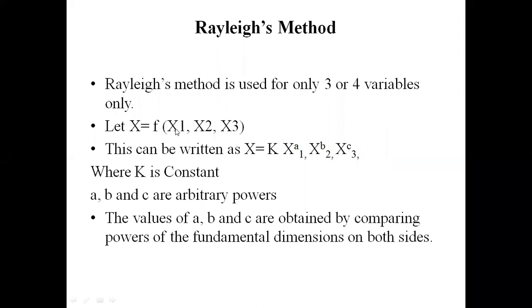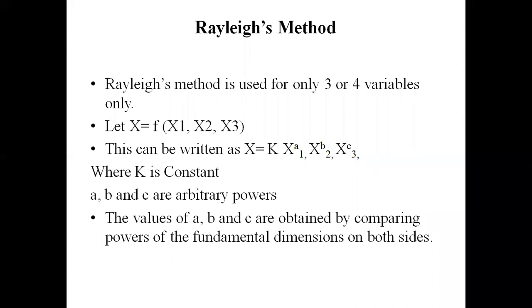Again, we can write this equation in the form x equals k, x1 raised to a, x2 raised to b, x3 raised to c, where k is a constant which we can define from experimental investigations, and a, b, c are arbitrary powers. Then if we equate the powers on the left hand side and right hand side, we can get the final equations.